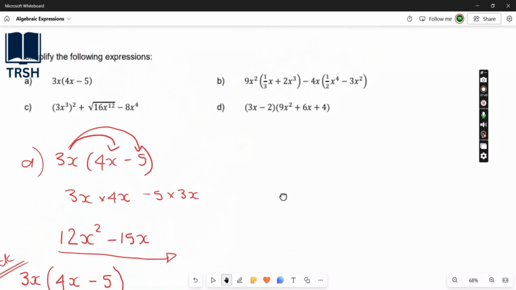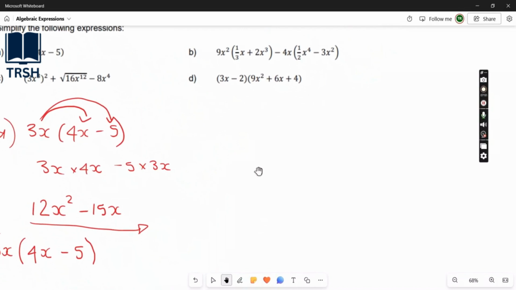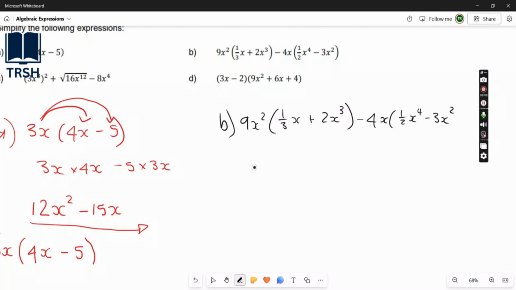Then for the next question, B, let's use this. We have 9x squared times (1 over 3x plus 2x cubed) minus 4x times (1 over 2x to the power 4 minus 3x squared).